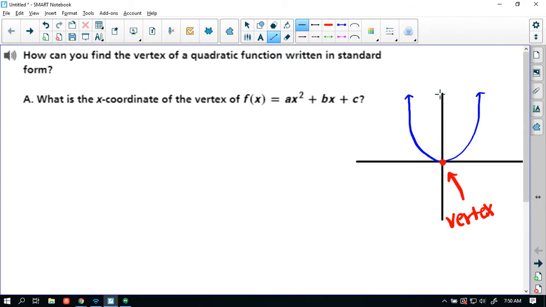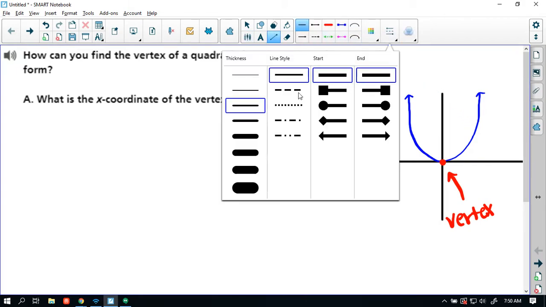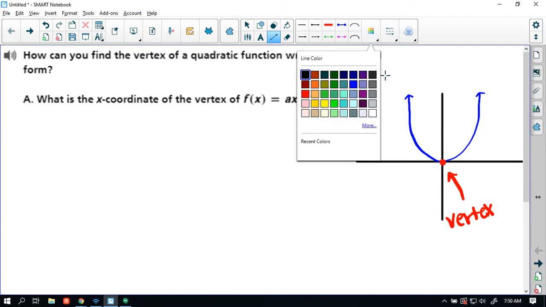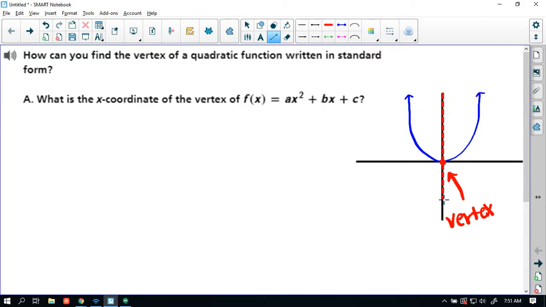Around that vertex, we have what's also called the axis of symmetry, which basically means that if I had a line going through this vertex vertically, the left side will look exactly like the right side. So this is our axis of symmetry.